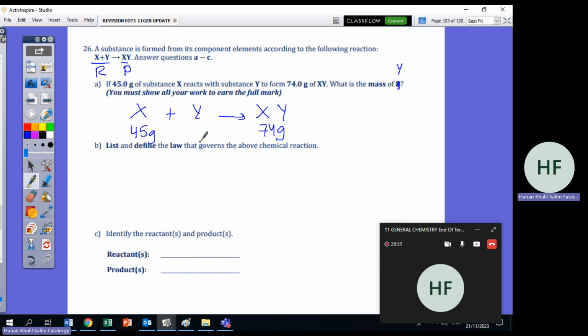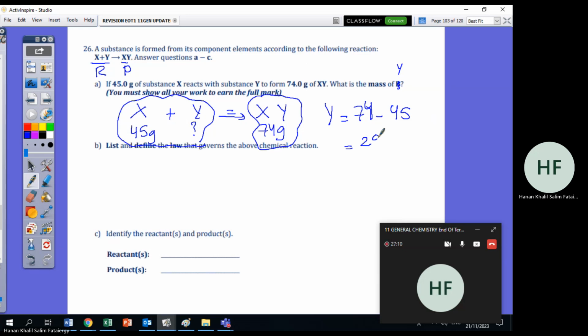Okay, remember that the mass of reactants is equal to the mass of products. How much should this one be? So Y is equal to 74 minus 45. The answer will be 29 grams. Okay, because if I say this is 29 grams and I add 29 plus 45, this will give me 74.